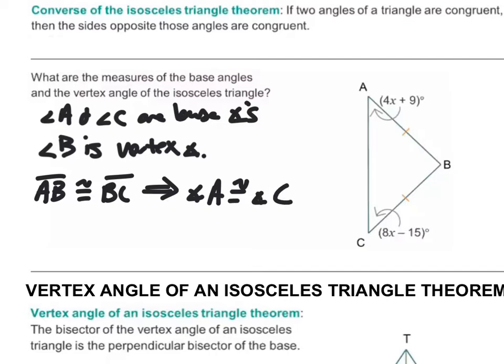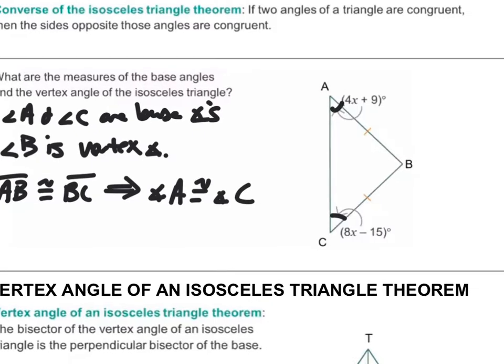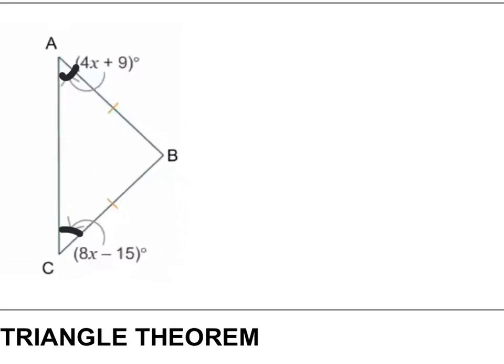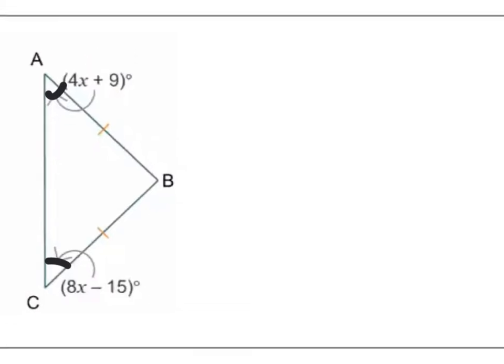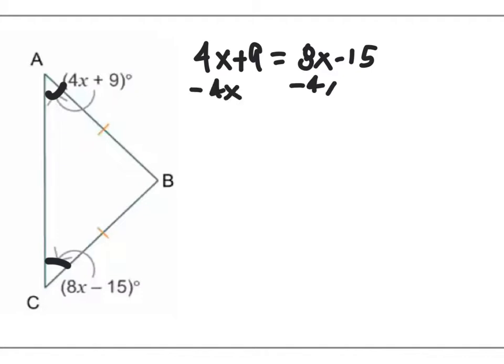Because angle A and angle C are congruent, I can solve for x. I can set 4x plus 9 equal to 8x minus 15. I'm going to subtract 4x from both sides, and that gives me 9 is equal to 4x minus 15.